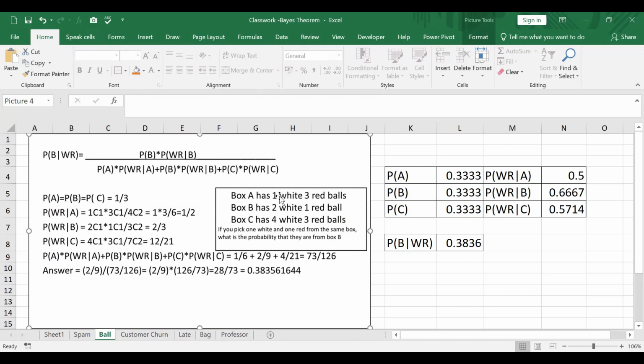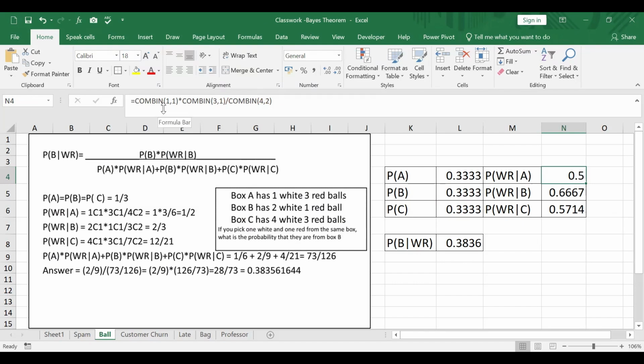And this is divided by the different combinations of picking two balls out of the four, 1 white plus 3 red, which is 4C2. The formula is combine 1 comma 1 star combine 3 comma 1 divided by combine 4 comma 2.